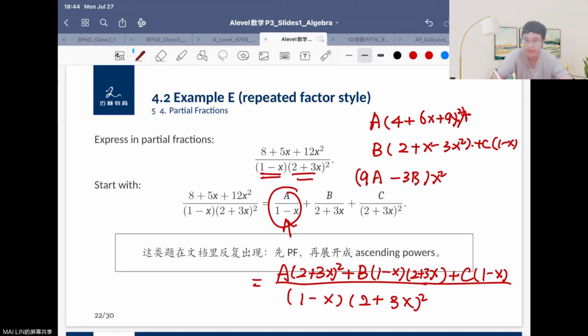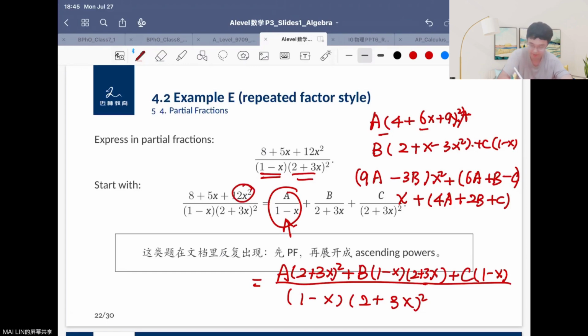For x, that is 6a plus b minus c, times x. And the constant term is 4a plus 2b plus c. Then we simplify: for x squared, 9a minus 3b equals 12. For x, 6a plus b minus c equals 5. And the constant term, 4a plus 2b plus c equals 8.